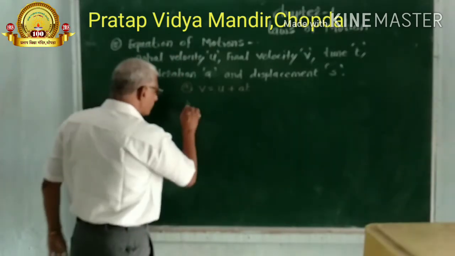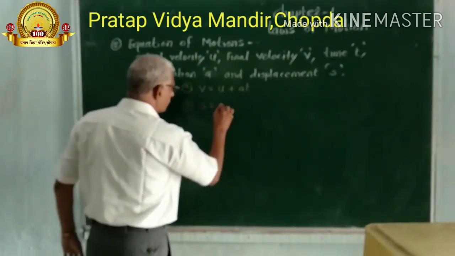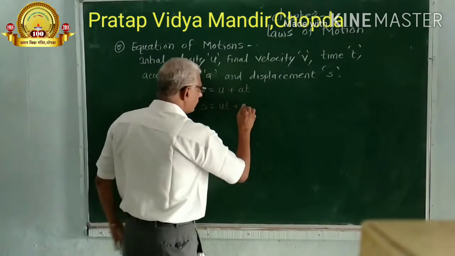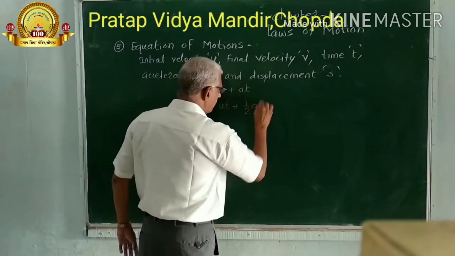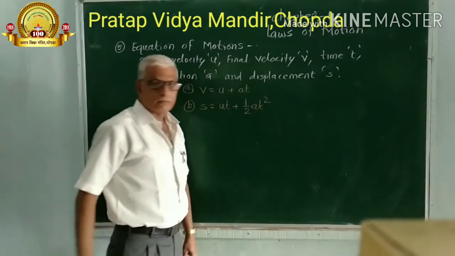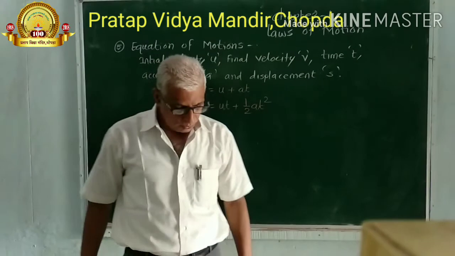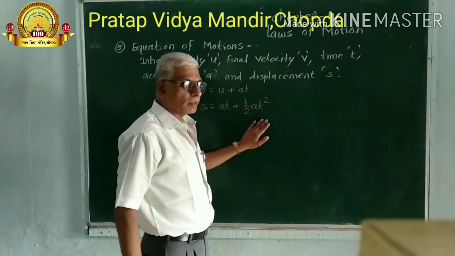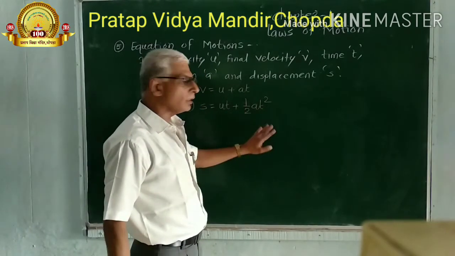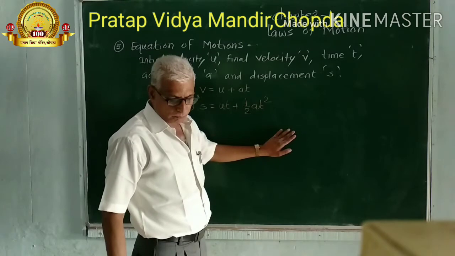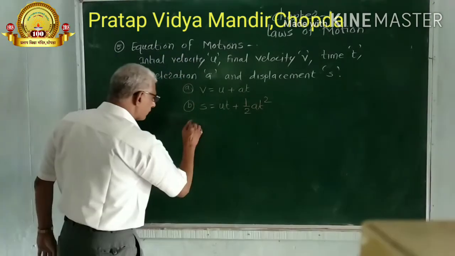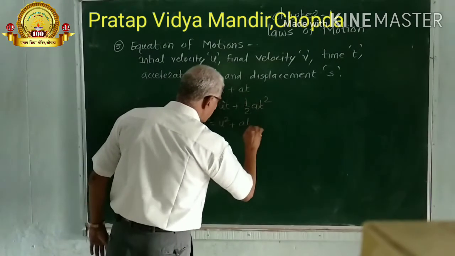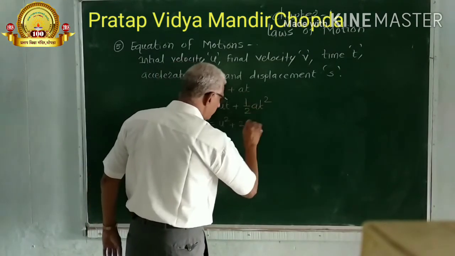Then the second equation: s is equal to u into t plus 1/2 at square. This equation shows the relation between displacement and time. Then the third equation: v square is equal to u square plus 2as.